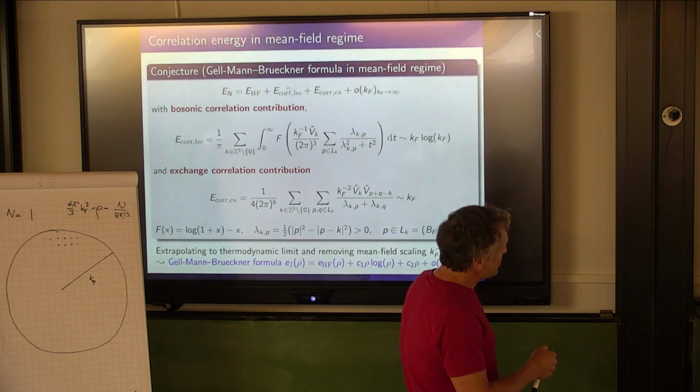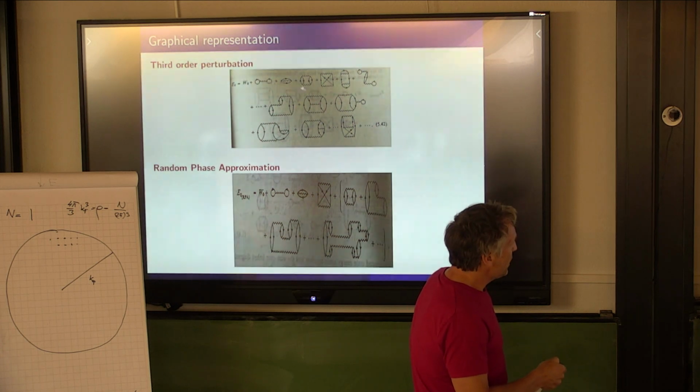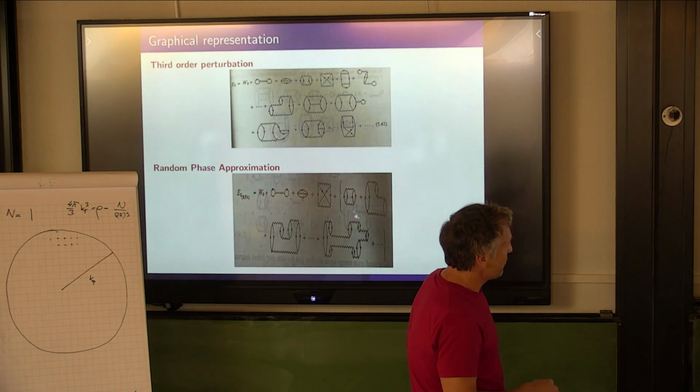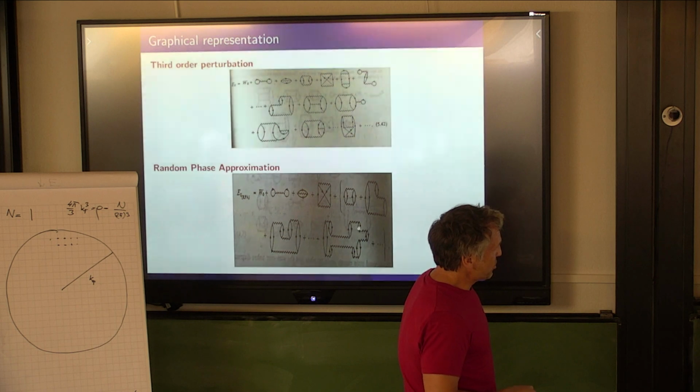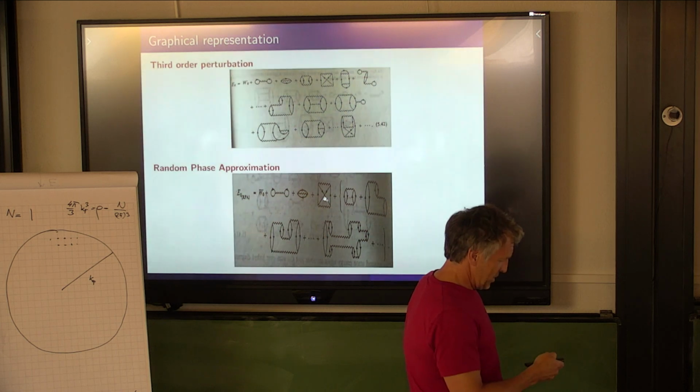The first of them should correspond to what we had graphically before, go back to this picture, as this infinite sum. And this was denoted as the bosonic correlation energy, and this other term is the exchange correlation energy.